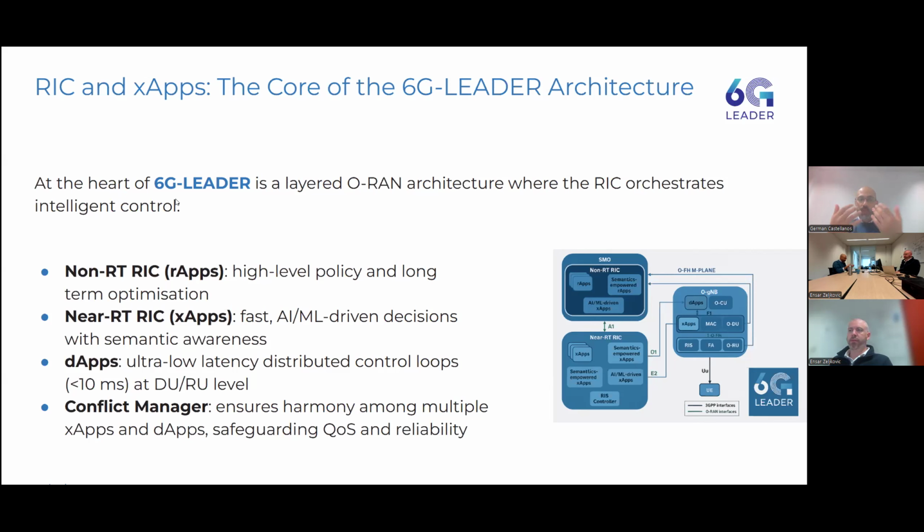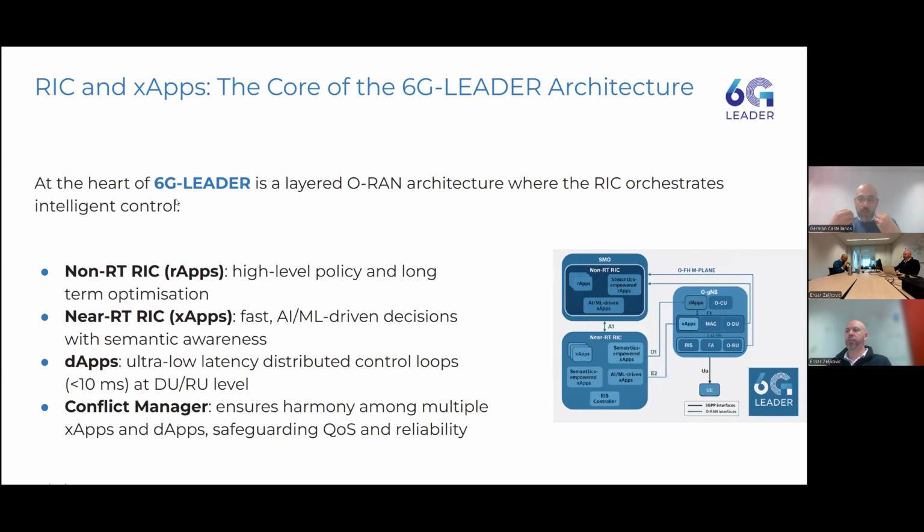While if we want to go faster, we go to the near real-time RIC xApps applications that have the capability of having AI or machine learning driving decisions with semantic awareness. So we are going to implement and enhance this with semantic awareness.